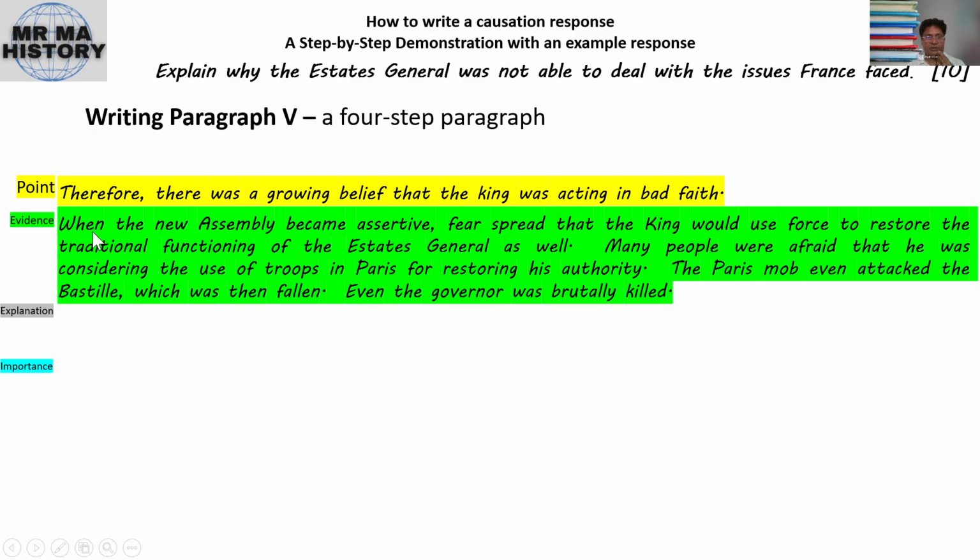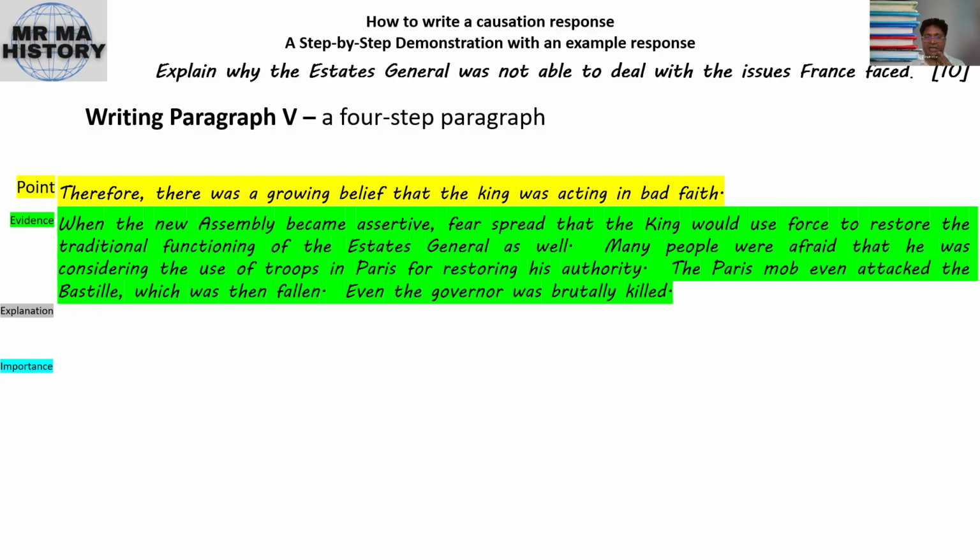Why? Because when the new assembly became assertive, there was fear and apprehension among the people that he would try to restore not only his authority, but at the same time also restore the Estates General in its purely old way.